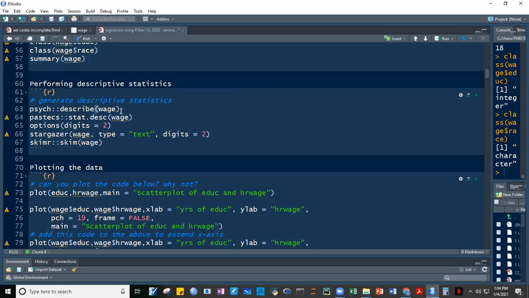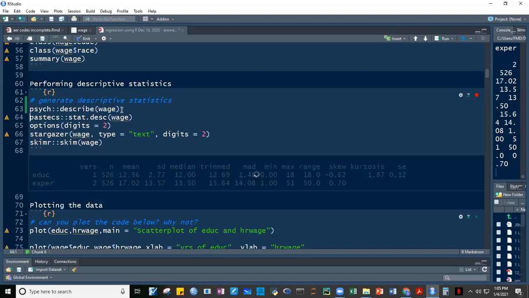And that's very useful, especially kung merong, let's say, dalawang packages na parehong ginagamit yun. Okay, here yung descriptive galing kay paste text to. So let's run muna natin to.